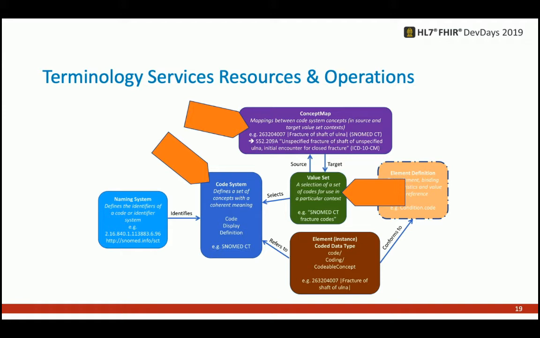But from a terminology point of view, we're really focusing on these three areas. The code system allows you to define the code system. There are particular operations that I'll show. Concept map is used for translation. We use that from a point of view of mapping. That's how we've translated that from a SNOMED point of view. And value sets: how do we use value sets? How do we create value sets? And how do we retrieve them?